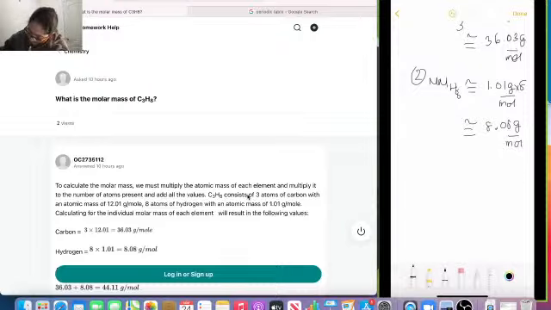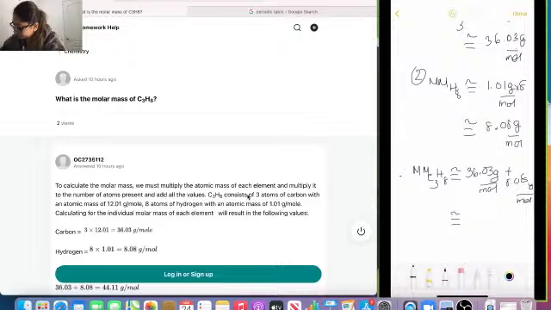So the molar mass of C3H8 is approximately 36.03 grams per mole plus 8.08 grams per mole.